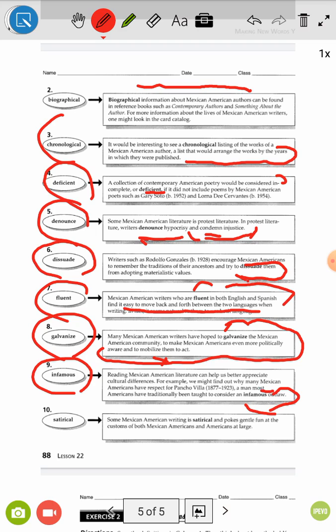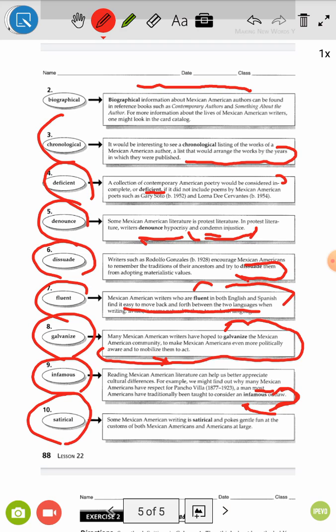So when you are infamous, you're breaking the law, the outlaw. You've been famous for a bad reputation, not for a good one.